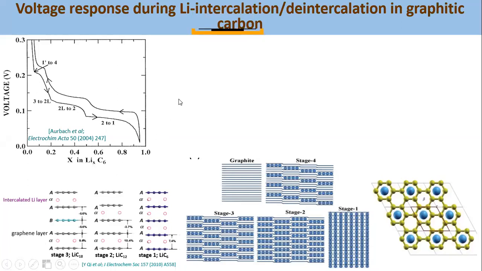As I told, graphite can store 372 milliampere hour per gram charge within it.